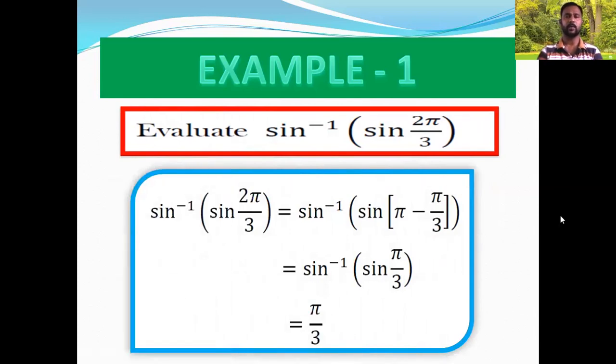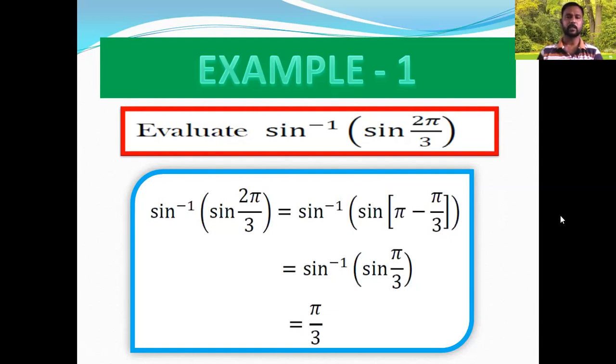The angle 2 pi by 3 is 120 degrees, right? 120 degrees is not an element of the principal value branch of sin inverse, which is the closed interval minus pi by 2 to plus pi by 2. Therefore, to solve this, we should make some adjustments.